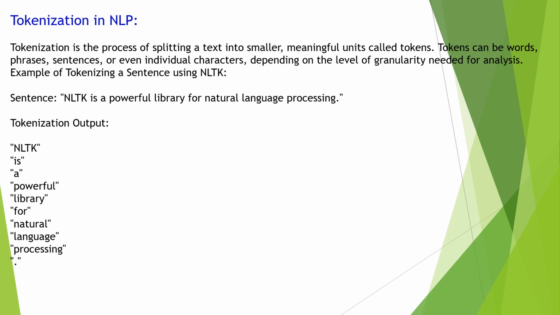So why is this useful? Because most NLP algorithms can't process long text strings directly. They need words separated for analysis. It's like teaching a computer how to see text as individual pieces instead of one big blob.